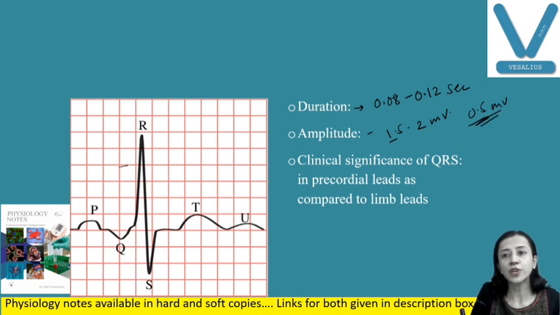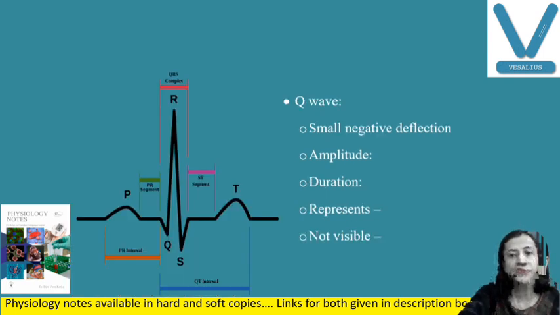So you may be having around 3 or 4 big squares. Okay, not more than this 2 millivolt. Okay, what is the clinical significance here? This QRS complex in precordial leads is more important as compared to QRS complex of your limb leads. Okay, now we will discuss one by one.